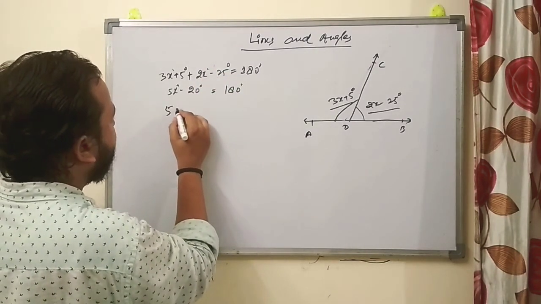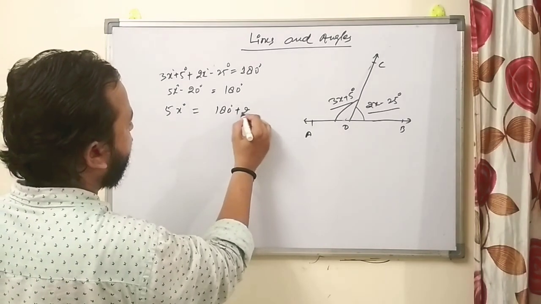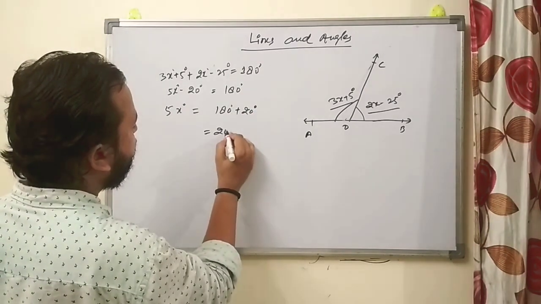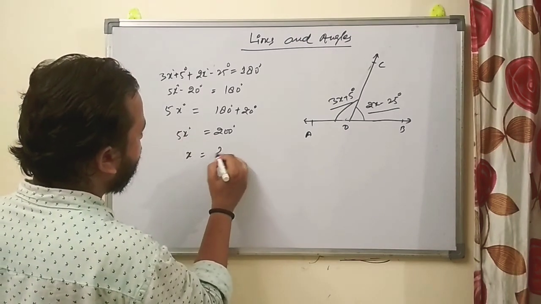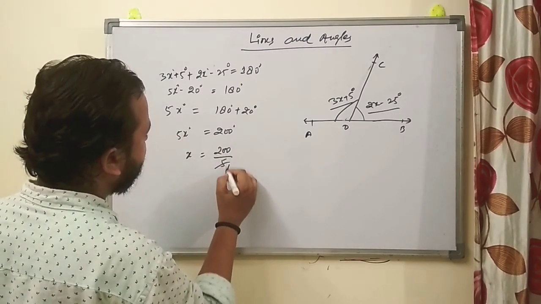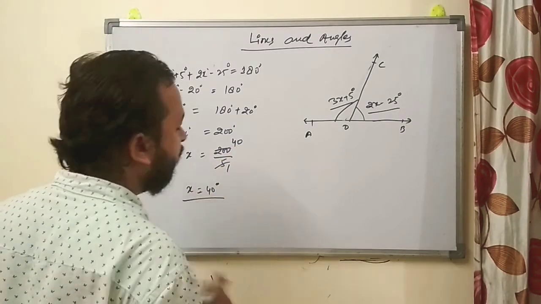So 5x is equal to 180 degrees plus 20 degrees, that equals 200 degrees. So x is equal to 200 divided by 5, that is 40. So x is equal to 40 degrees.